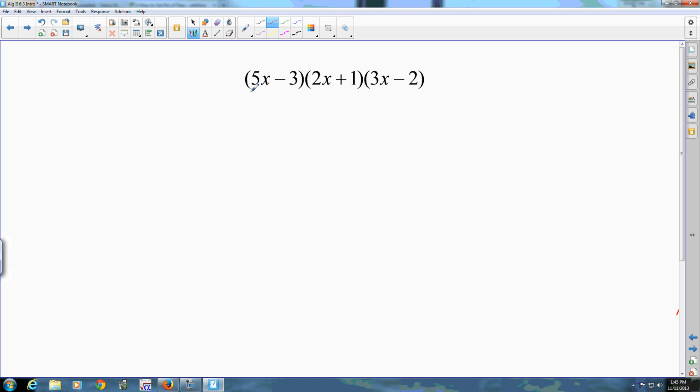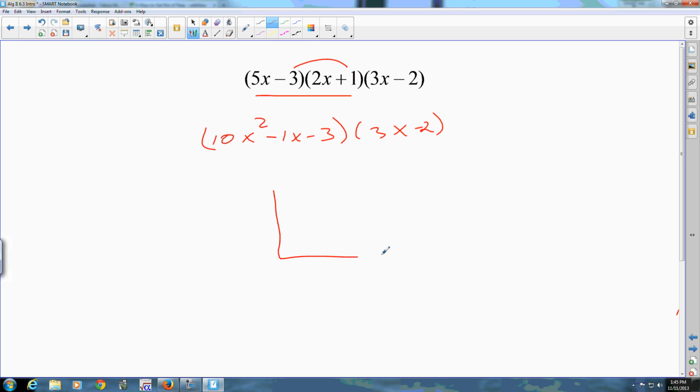If you've got 3 of them like this, FOIL 2 of them. So let's be 10x squared, so plus 5x minus 6x is minus 1x plus, oops, I can't multiply, minus 3x. Okay, I'm going to spit it out. Minus 3. Now, that gets multiplied by 3x minus 2.